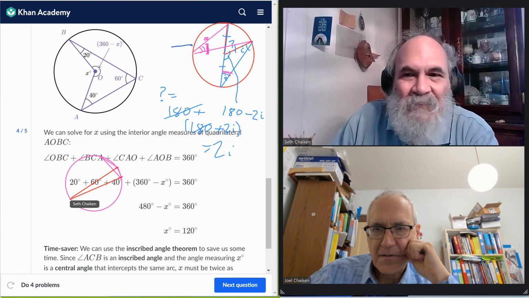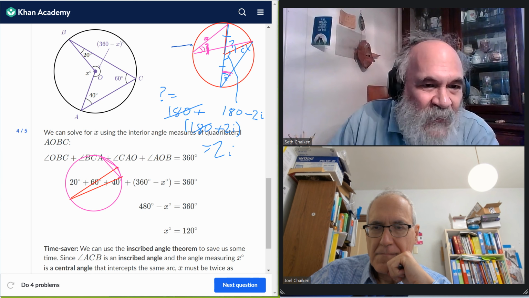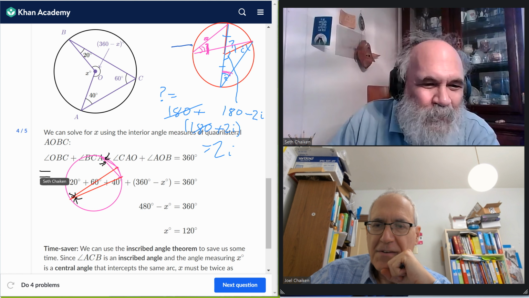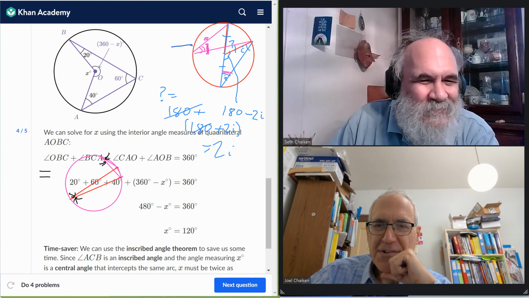Now, how do you know they're the same? In this example, the two inscribed angles are equal. How do you know that? Because they subtend the same arc. That's circular reasoning.